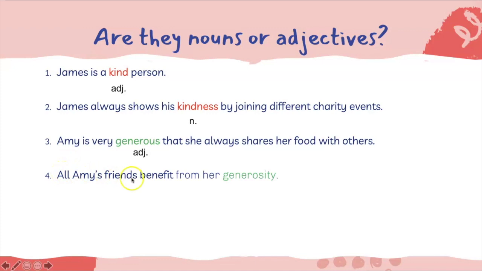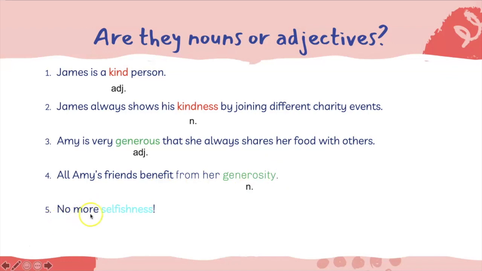All Amy's friends benefit from her generosity. Is the word generosity a noun or an adjective? Yes, you're right. It is a noun. Again, generosity here is a noun after the possessive determiner, her. We usually say her something. So generosity is a noun.